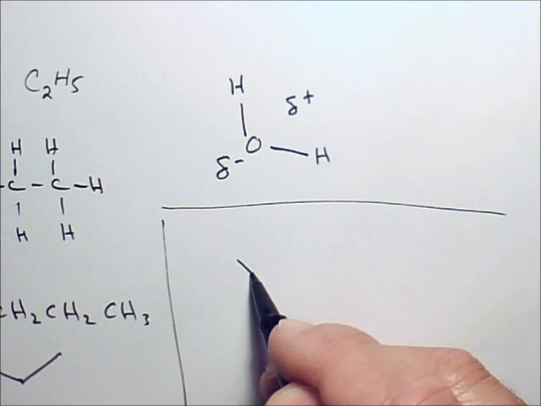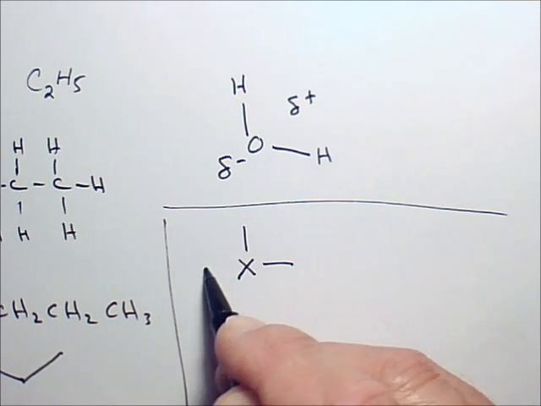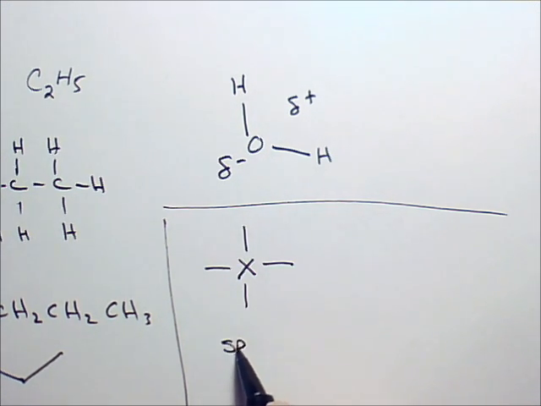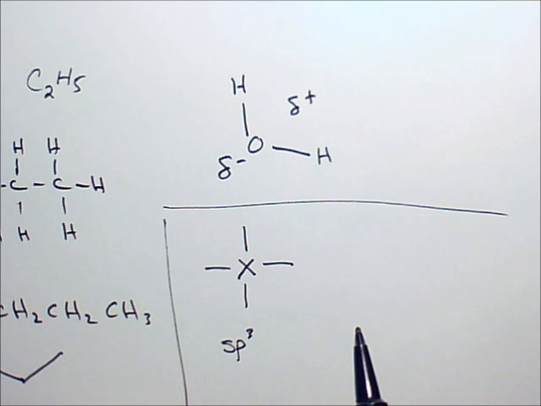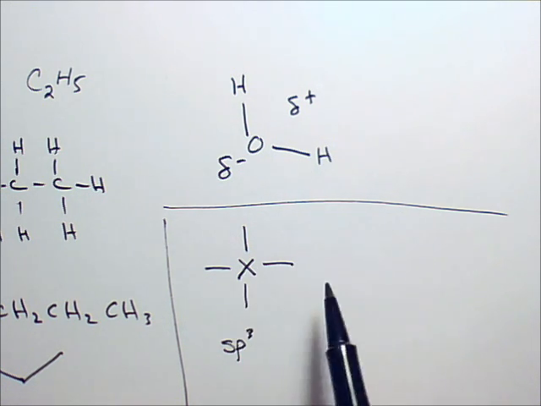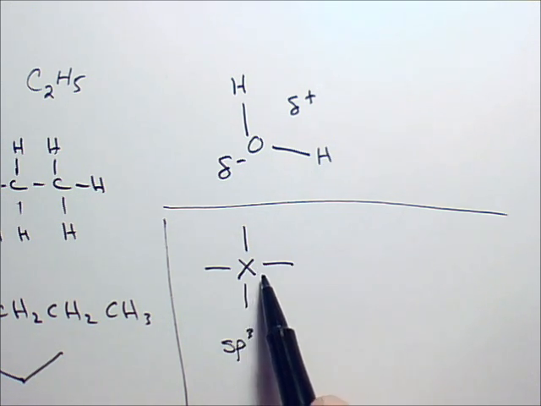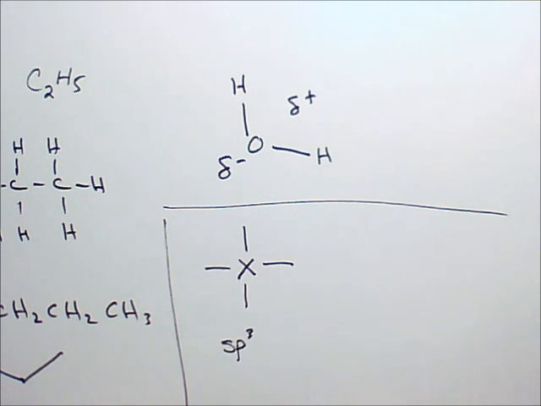As long as I have nothing but single bonds on something, that has to be sp3. The reason is that each of these single bonds is a sigma bond, straight on a line between the nuclei of the two atoms. All sigma bonds come from hybridized orbitals.